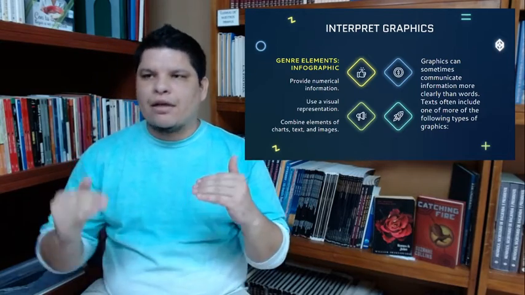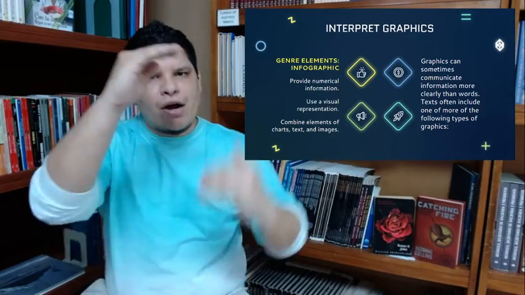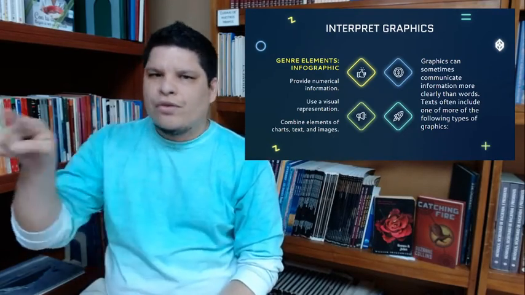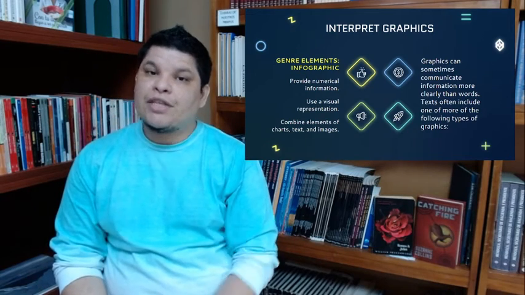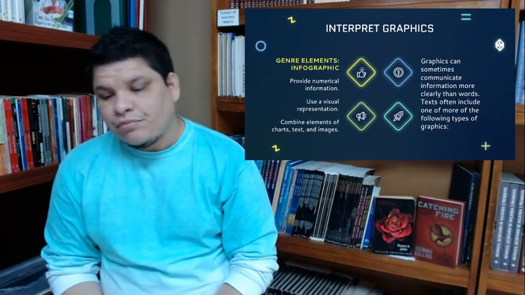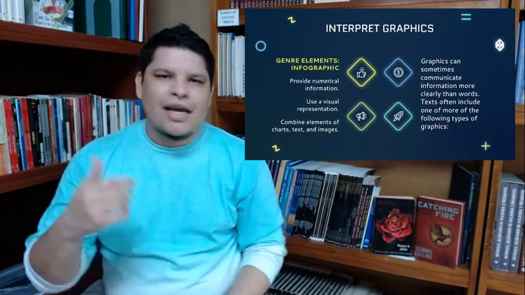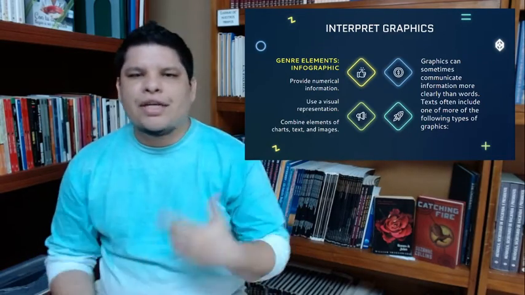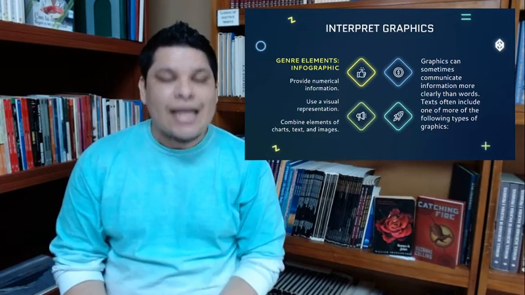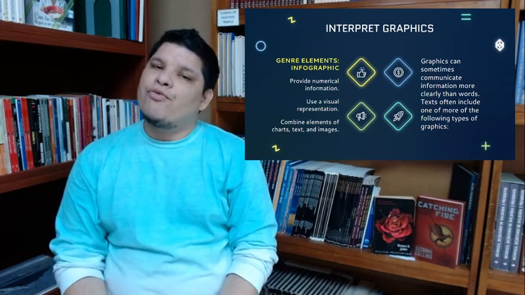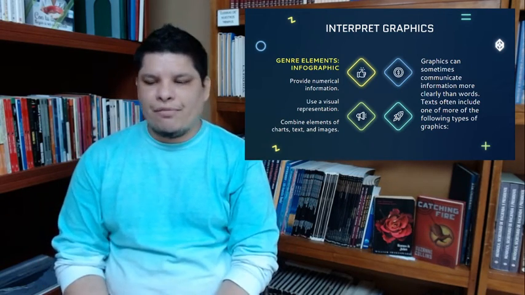You can see statistical graphics, like the round thing, or the bar graphics, or there are many different types of visual representation for statistics. And also they combine elements of charts, text, images, photos, pictures, etc., in order to make the information clearer for the reader or the person who is actually receiving that information.